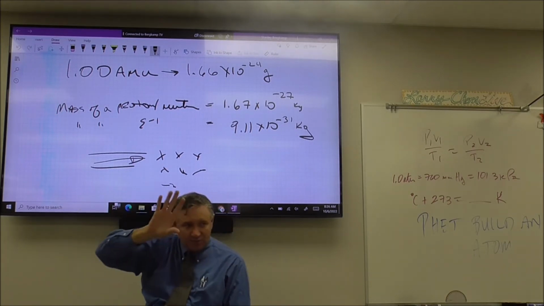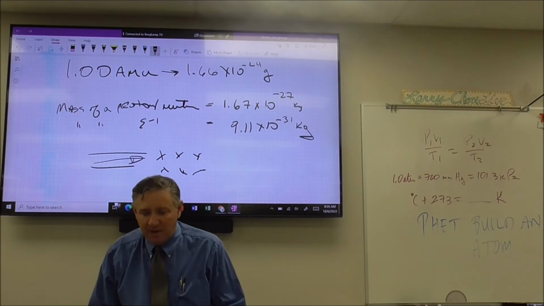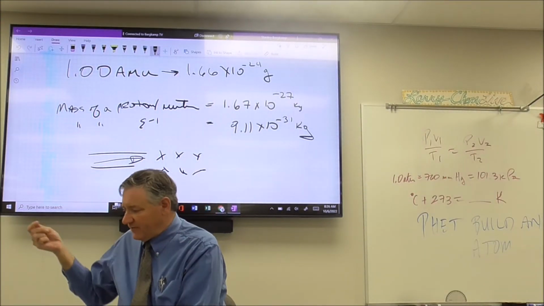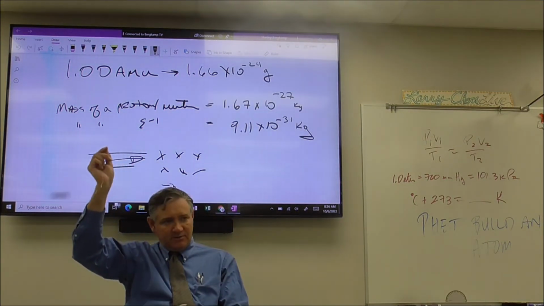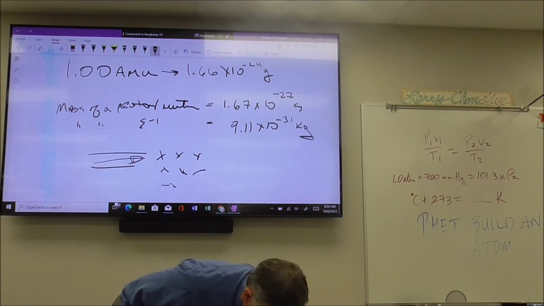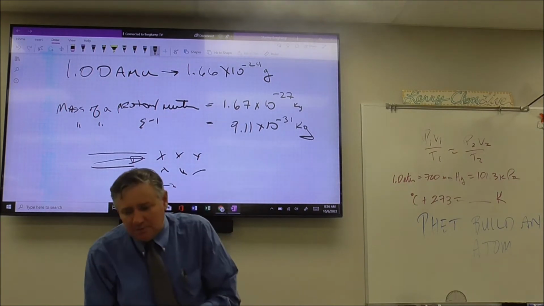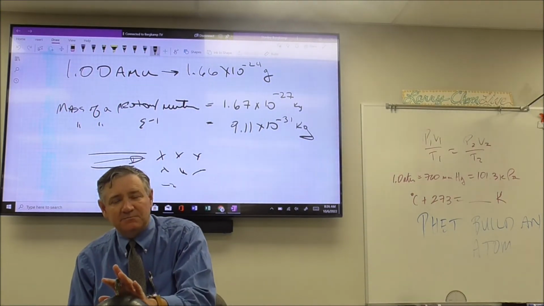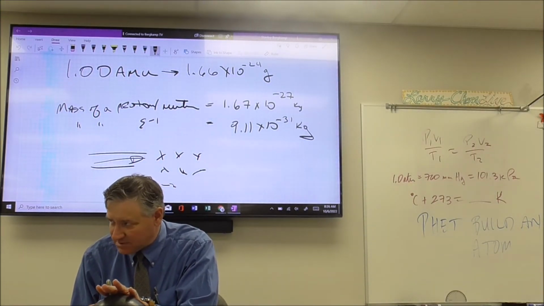Okay, it's a hugely complex calculation, but here's the best analogy that I can give. If I swing this rubber stopper around over my head, okay, that takes a certain amount of force. If I were to take this bowling ball and swing it over my head, that would be a completely different amount of force, okay?